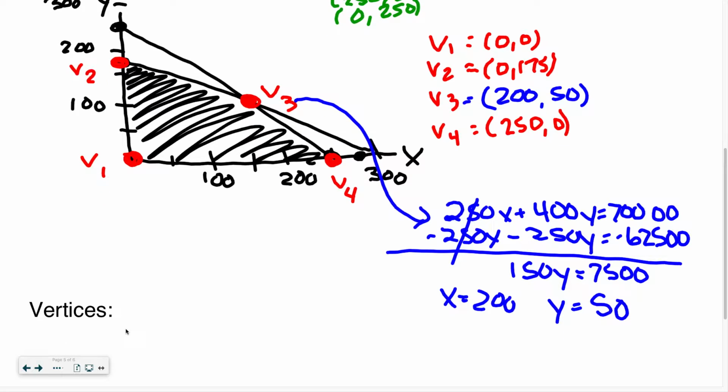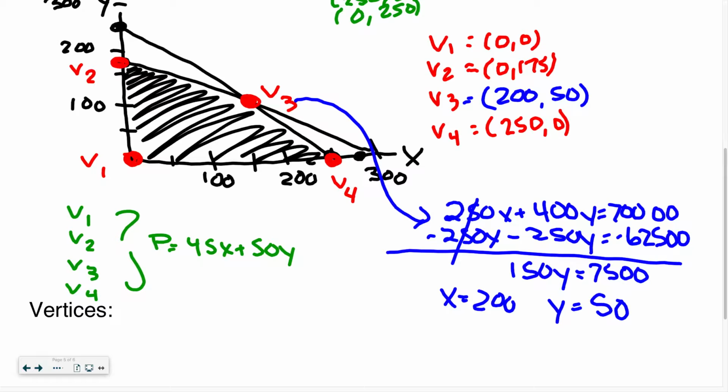Okay, last thing is after you find those 4 points, then you need to test in your objective function. So for V sub 1, V sub 2, V sub 3, and V sub 4, I'm testing in P equals 45x plus 50y.